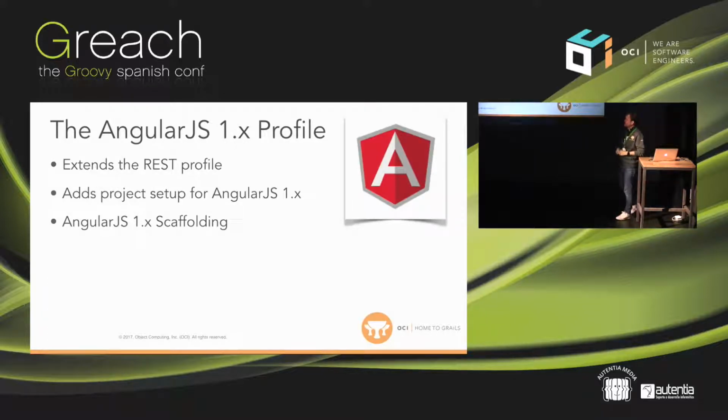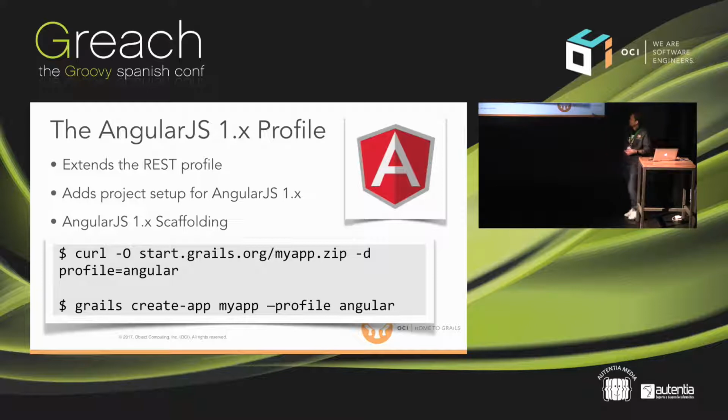Let's talk a little bit about Angular. So in Grails 3.2 and 3.1, I think, was the initial version of Angular support where we had this profile. We introduced support for Angular 1 that extends the REST profile and adds basically set up for Angular 1 and Angular 1 scaffolding.